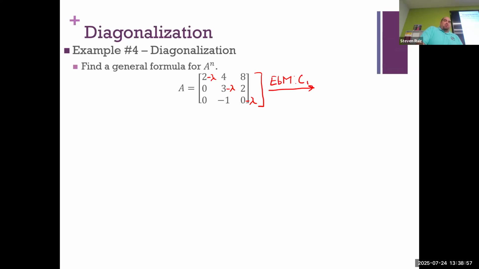If you're going to find the determinant of that matrix as is, then row 3 and column 1 are both equally good. All right, so if we expand on column 1, how many minors do we need? Just the one, the first one. 3 minus lambda, -1, negative lambda.